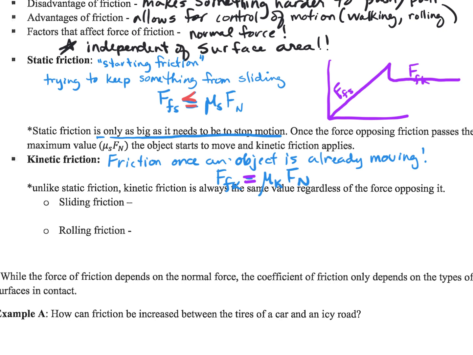It's a fascinating thing. All right, sliding friction versus rolling friction. Okay. Sliding friction acts against the direction of the sliding motion.